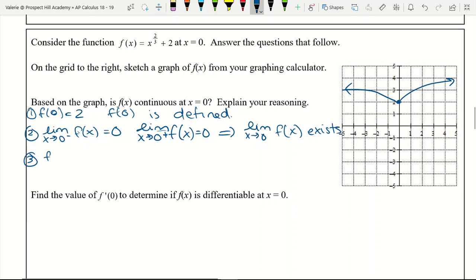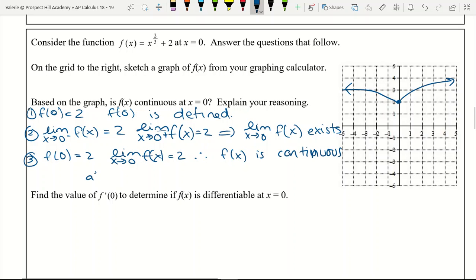Oh wait, sorry, I am so mistaken. That is equal to 2 and 2. The limit's equal to 2, not 0. I'm sorry about that. So in this case, f of 0 is equal to 2, and the limit as x approaches 0 of f of x is equal to 2. Therefore, f of x is continuous at x equals 0.